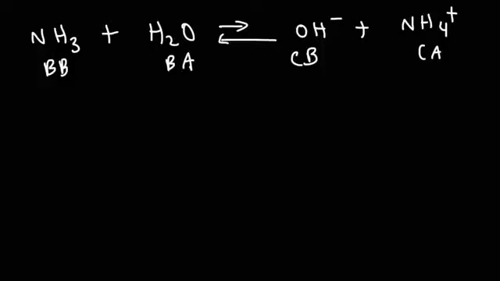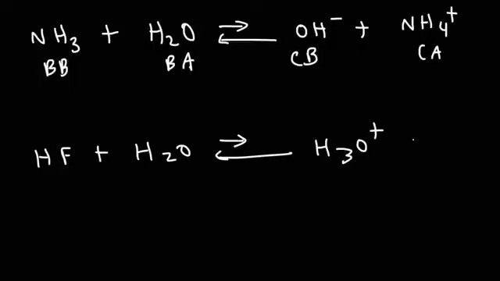Now water can act as a base or an acid. We saw in the last example where HF reacted with water to produce H3O+ and F-. HF was the Bronsted-Lowry acid. It donated the proton to become the conjugate base fluoride. Water was the Bronsted-Lowry base. It accepted a proton to turn into the conjugate acid.